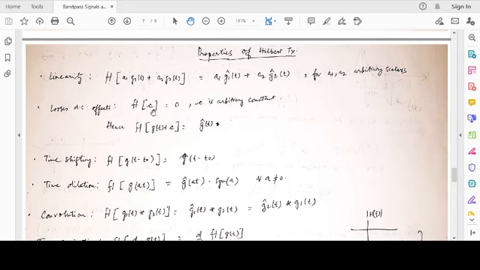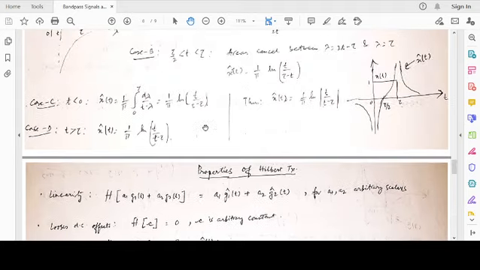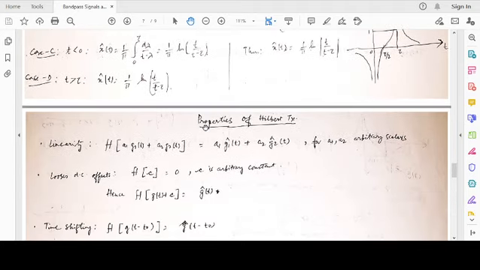Hilbert transform of a constant. What is the Hilbert transform of a constant? It's 0. How do you establish this? A constant signal in the time domain is basically a DC value, which has something at f equal to 0 in the spectrum.